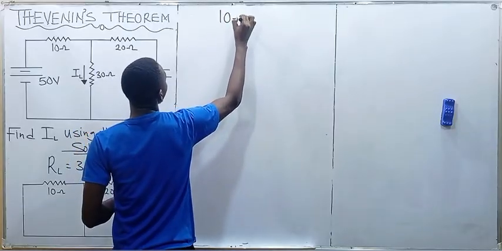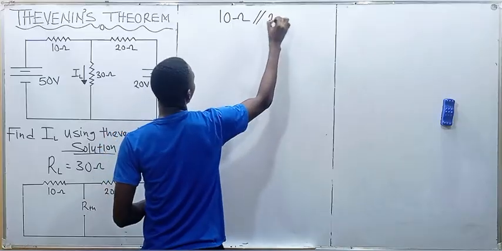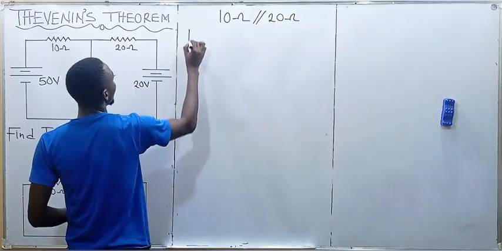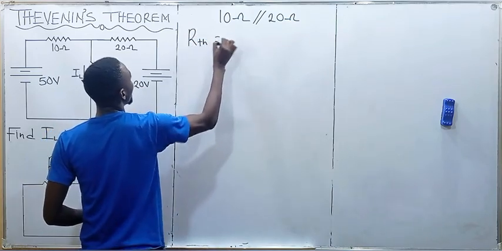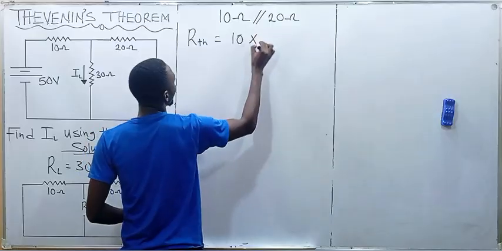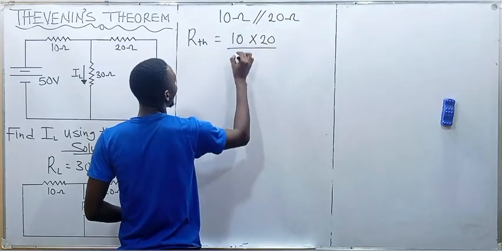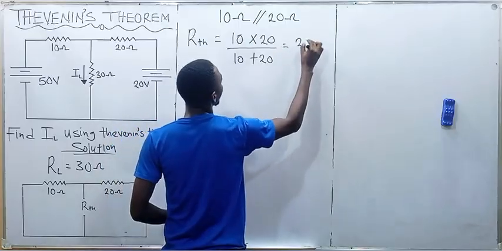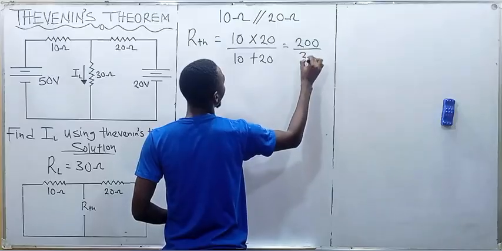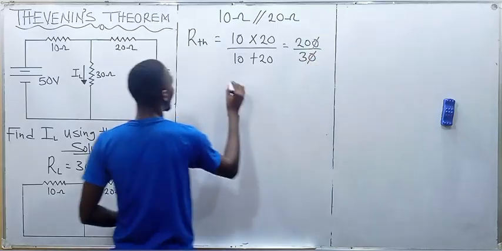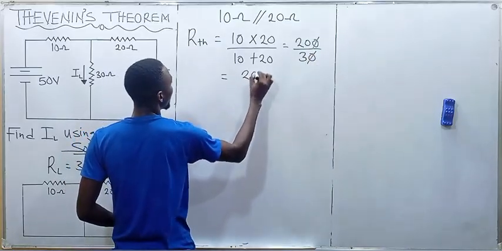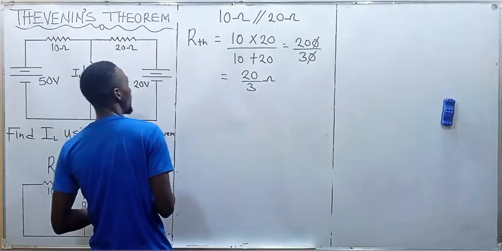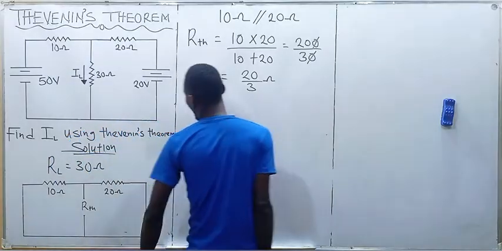So the Thevenin's resistor here will be equal to 10 multiplied by 20 all over 10 plus 20. So this will be 200 all over 30, and our answer is 20 over 3 ohms. So the Thevenin's resistor is 20 over 3 ohms.